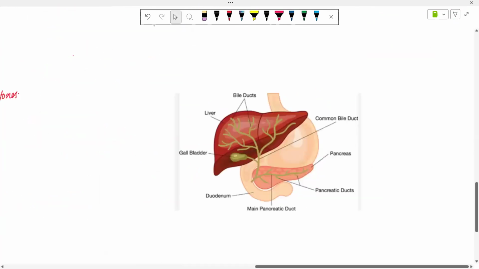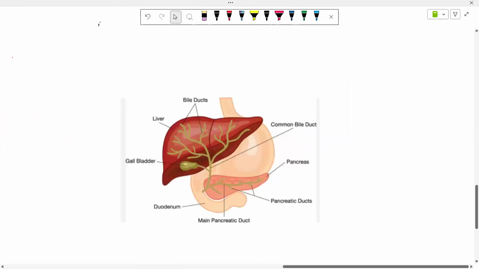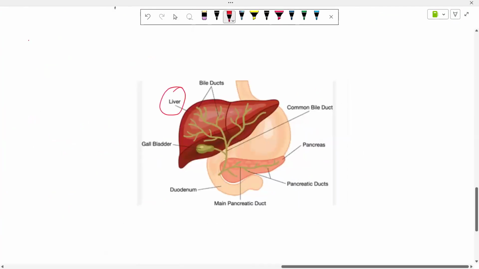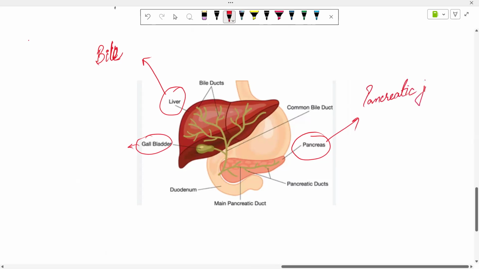Look at this. There are two glands. Number one, liver, and number two, the pancreas. Liver secretes bile. Bile is produced in the liver and is stored in the gallbladder. And pancreas releases pancreatic juice.